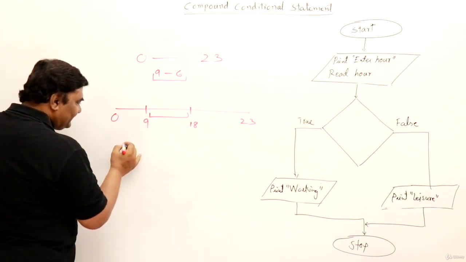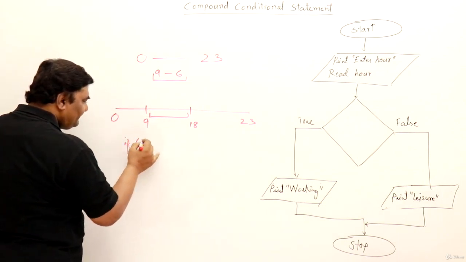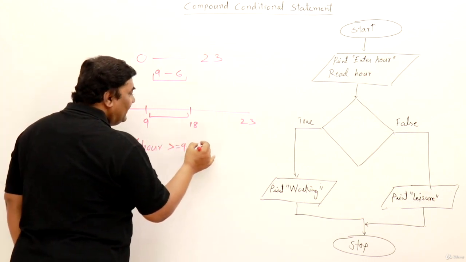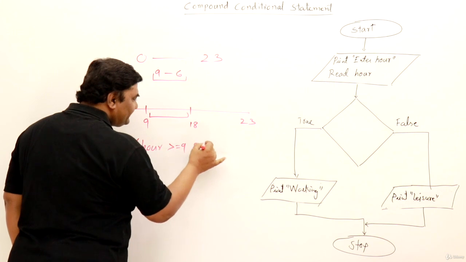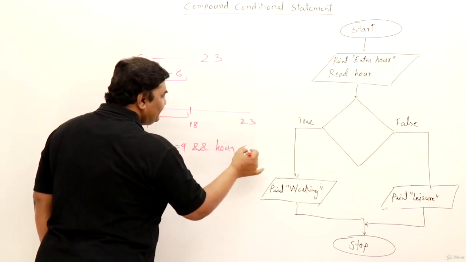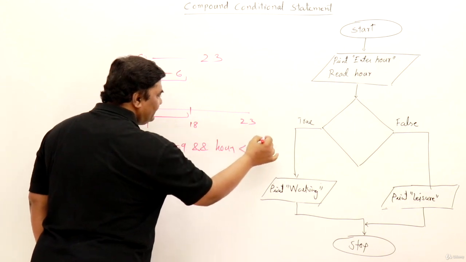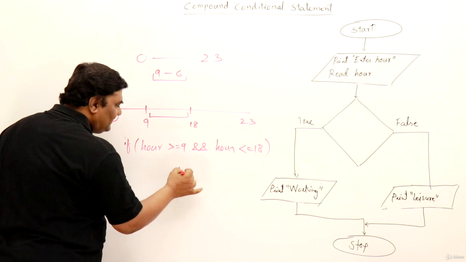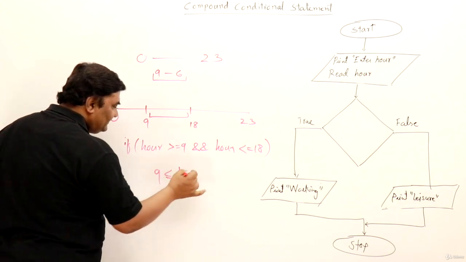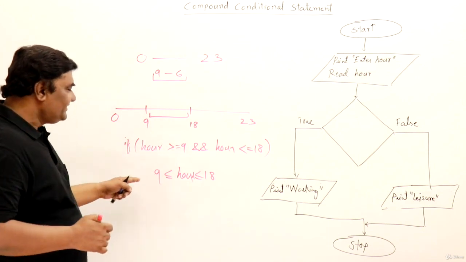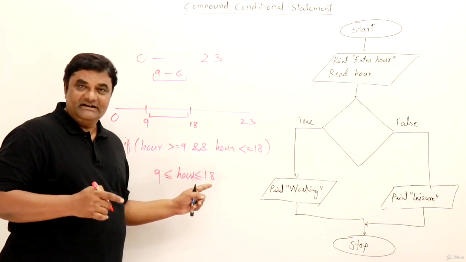The condition looks like this: if R is greater than or equal to 9 and, so AND is the operator used, R is less than or equal to 18. In mathematics we write like this: R greater than or equal to 9, less than or equal to 18. Mostly students will be used to this mathematical form.